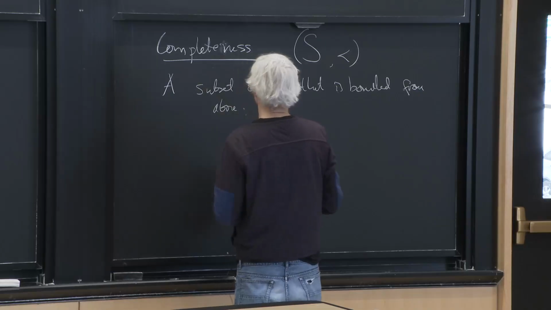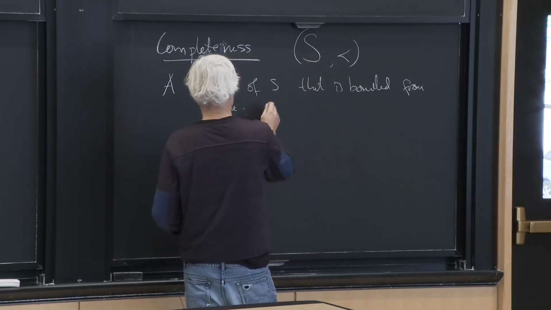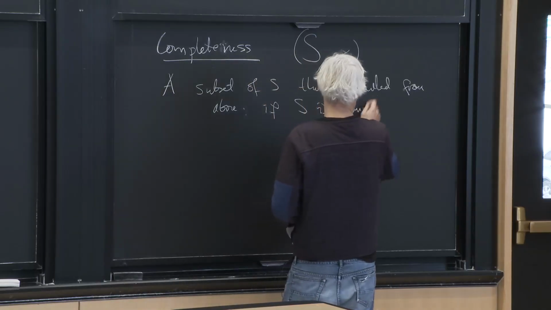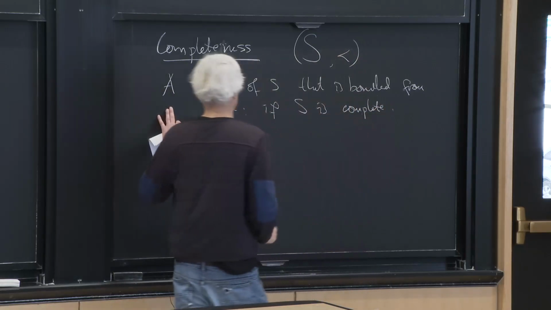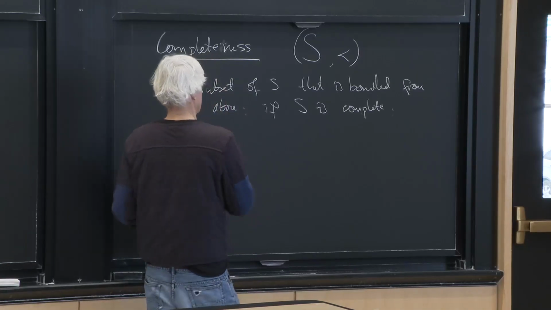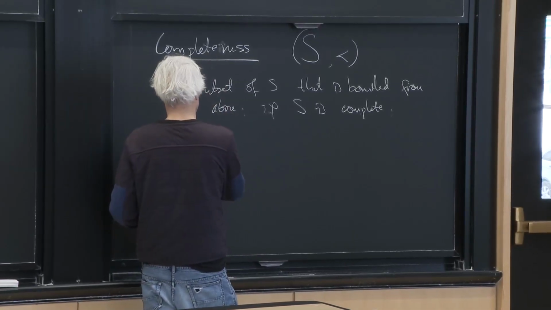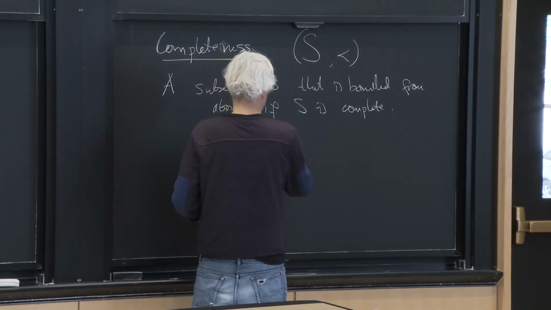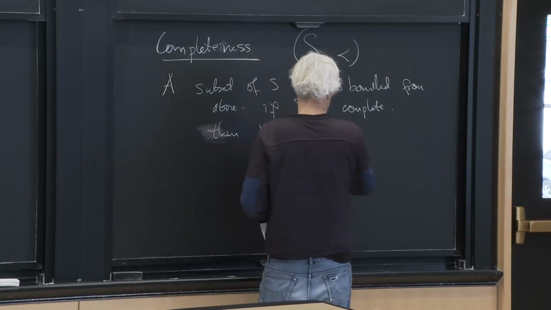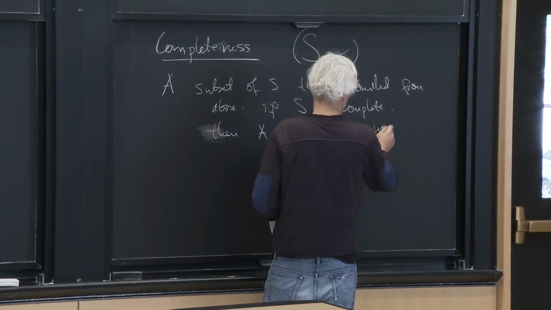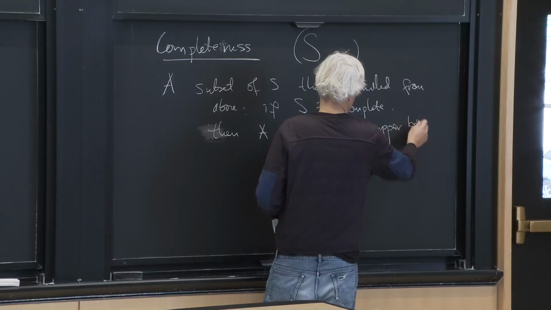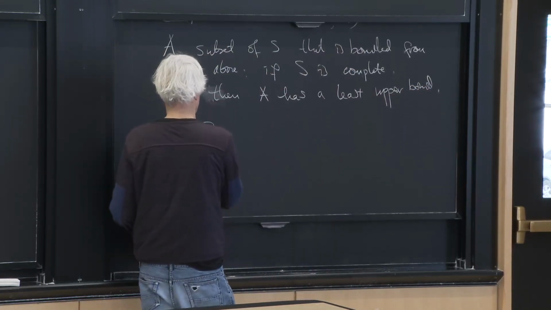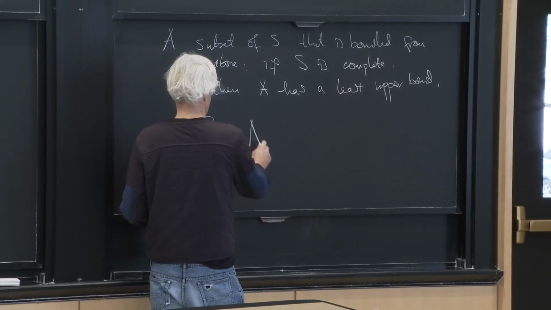If S is complete, then any subset that is bounded from above has a least upper bound. Then A has a least upper bound, and that least upper bound is denoted by the sup of A.